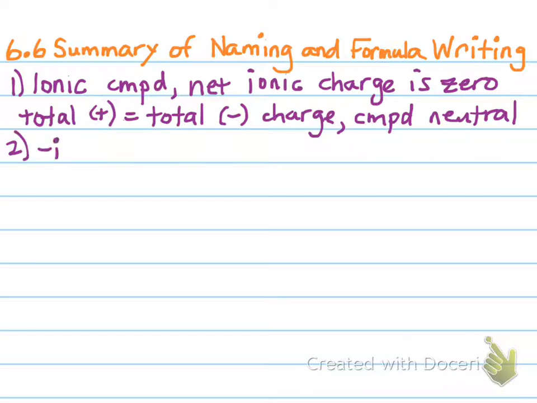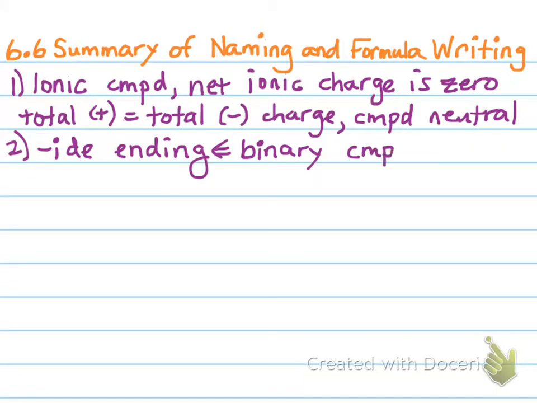If we have an "ide" ending, it's probably a binary compound. Now, it can be both an ionic or a molecular compound because binary just means made of 2 atoms, so it means there's no polyatomic ions in it, okay? So remember, a monatomic nonmetal, right?